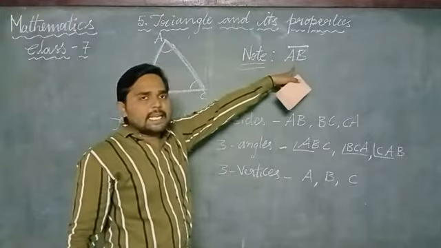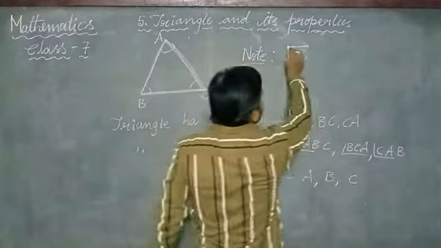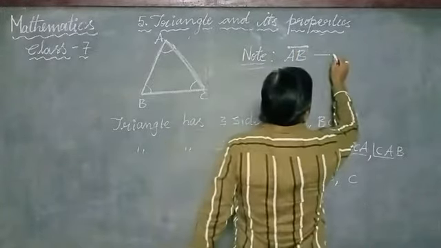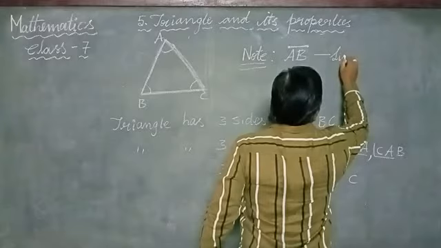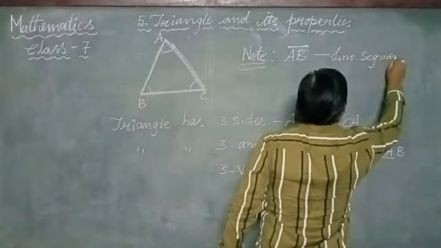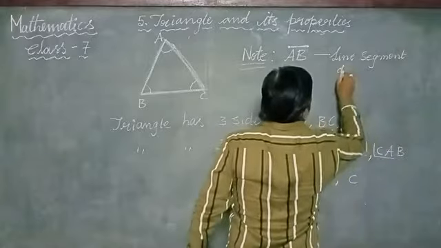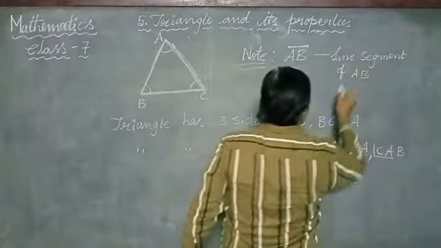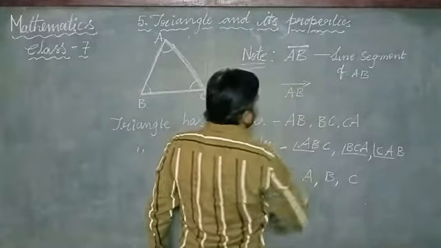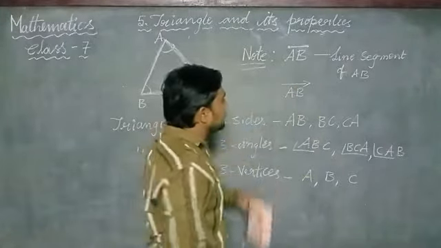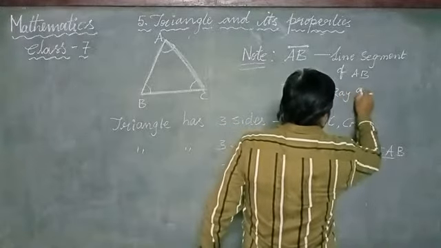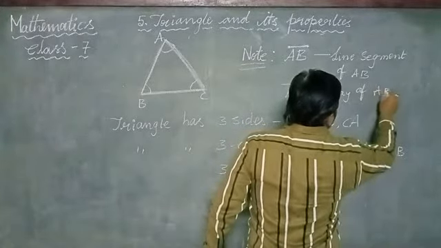It is representing a line segment. After that, suppose you see a symbol like this, it is showing a ray of AB.